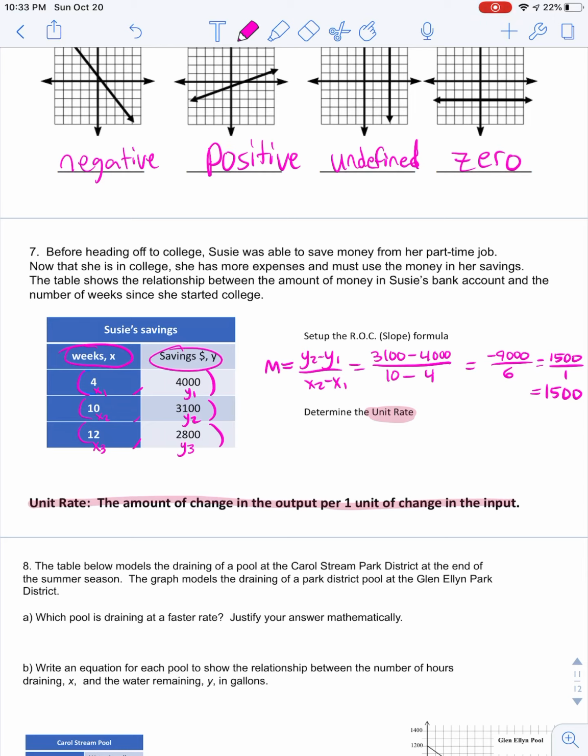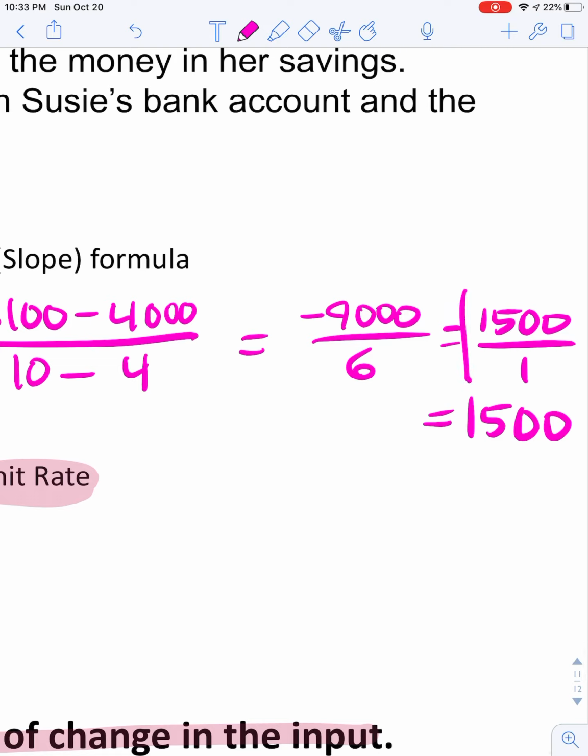Well, this $1,500 over 1 is actually a unit rate, because it's 1,500 whatever y is over 1 whatever x is. Well, y is money, so this is $1,500 over 1 week. And that's a unit rate, $1,500 per week. That's how much money she's spending.